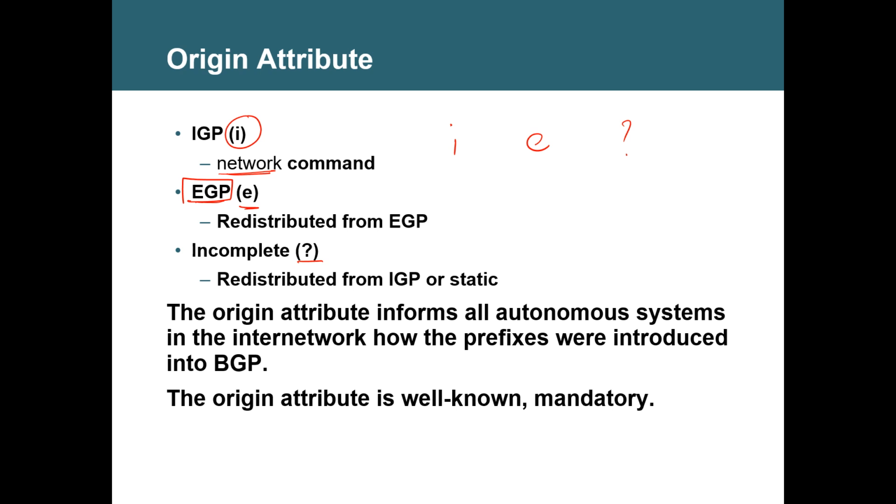These are all the markings that tell how the network originated. It is like a label. This attribute is like a label to inform the receiving router that these networks were introduced like this.